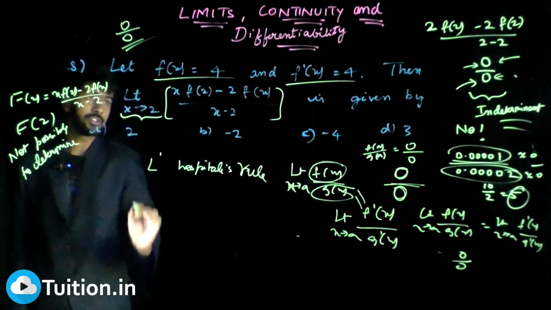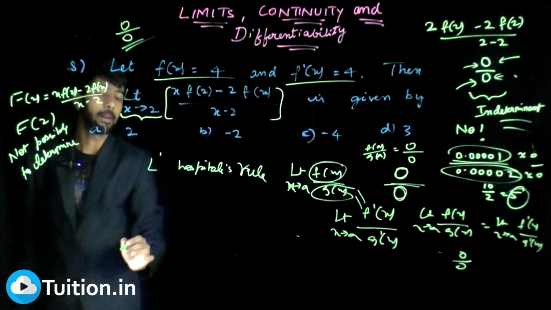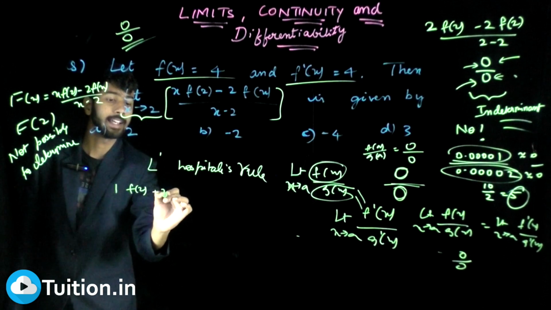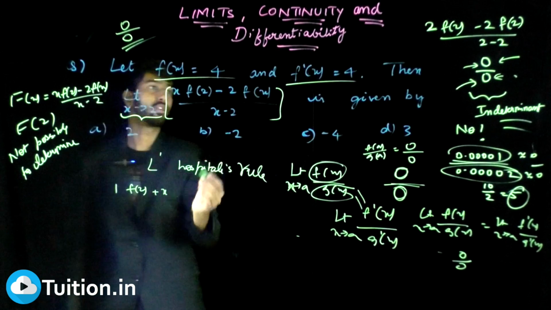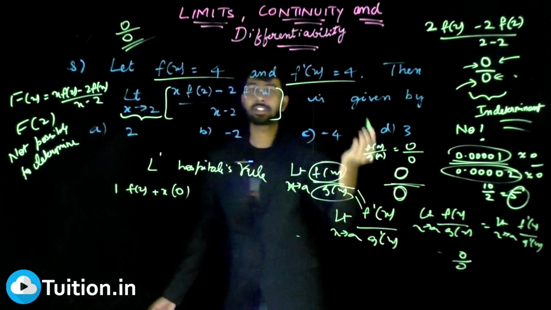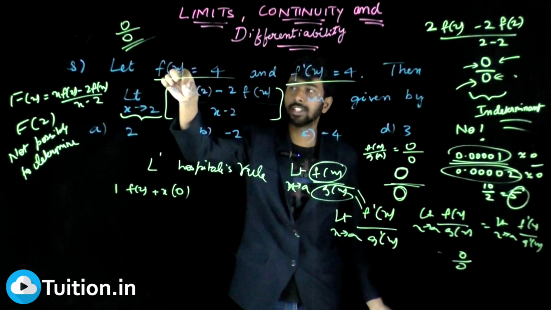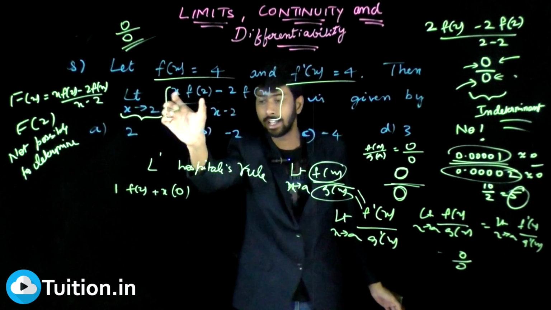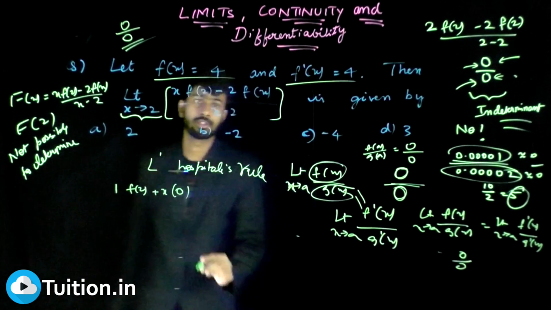So what I'll do is I'll simply differentiate the upper part separately. So it's 1 into f of 2 plus x into f dash of 2, which is a 0. Why? Because f dash of 2 is a constant actually, because if you put 2 in this function, it becomes constant, right? And you're taking a differential of the constant, so it will be 0.